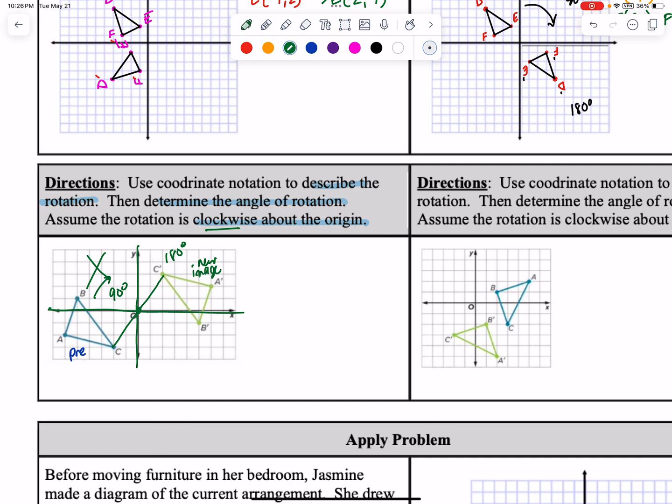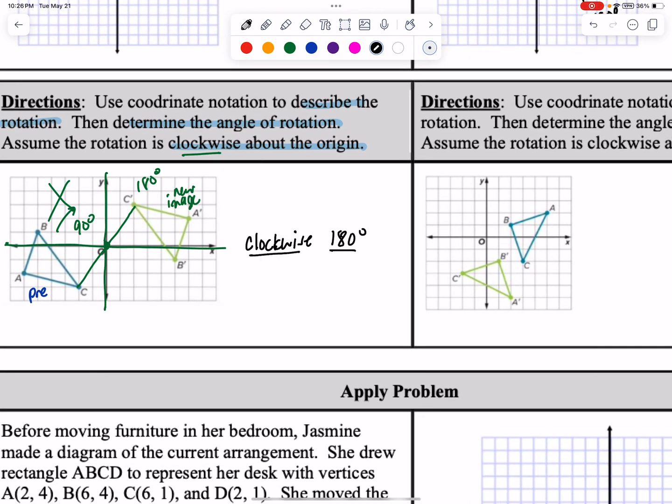It does tell us to describe the rotation using mapping. So what's happening with the mapping for this one? We do have to determine the angle of rotation, so let's say clockwise 180 degrees. We already know that. Then let's use our cheat sheet to figure out what the mapping would be for clockwise 180.